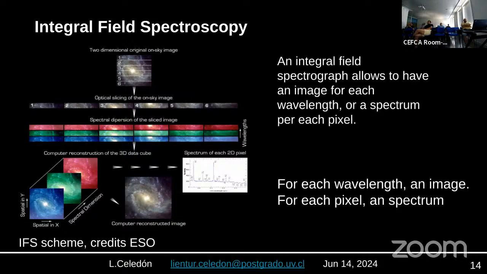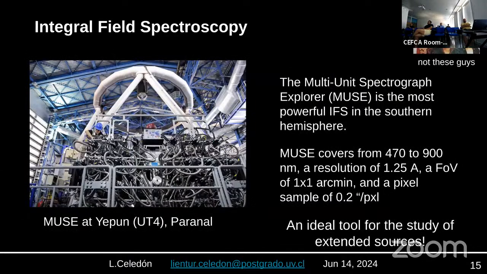This is in a certain sense similar to what you are doing with JKAS, but instead of using narrowband of 150 angstrom, this one is on the scale of 1 angstrom. In the end we obtain a data cube where for each wavelength we have an image, and for each pixel we have a spectrum. So we have the total kinematic and spatial information of an extended source, therefore an ideal tool for studying nova shells and other kinds of extended sources.